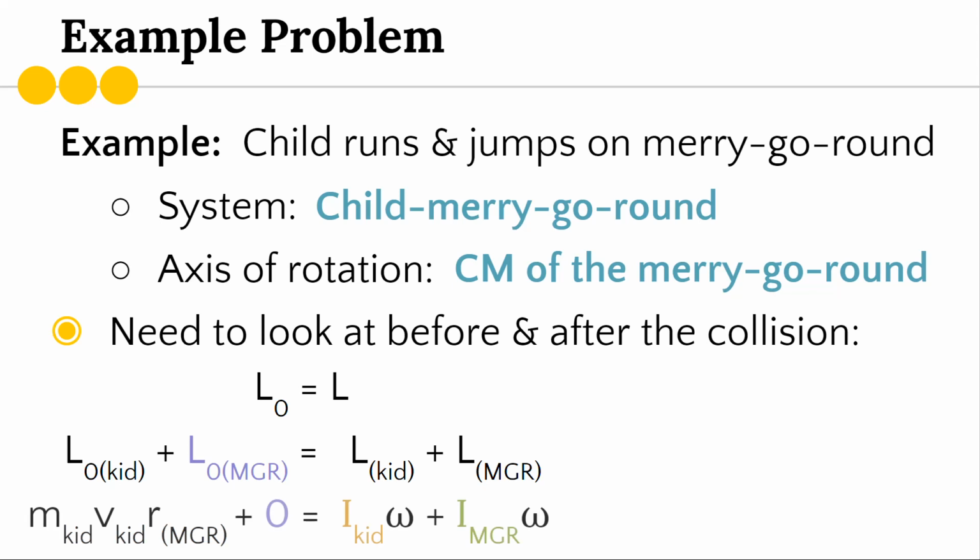I know beforehand the kid's angular momentum. We derived this equation a minute ago: the mass of the kid times the velocity of the kid times the radius of the merry-go-round. That was one of the steps we did a couple slides ago.